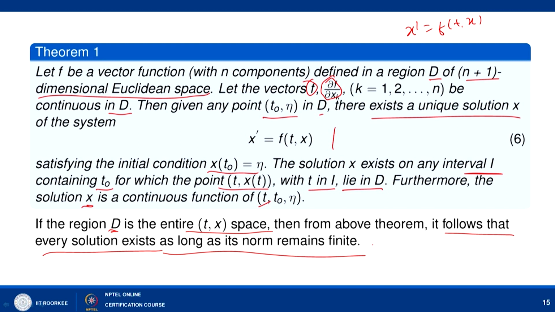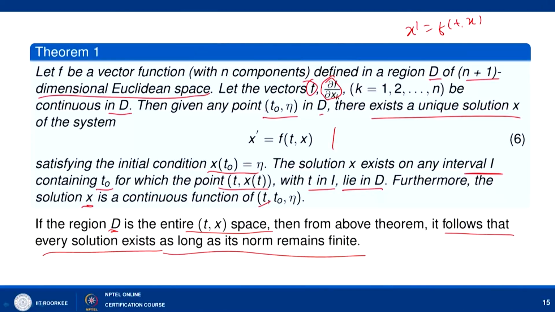If domain D happens to be the entire space, then for any point we can find a domain D and our solution exists in an interval I for which the point (t, x(t)) lies in the domain D. Now, if D is the entire space, then using theorem 1 the solution exists as long as the norm of that solution remains finite.